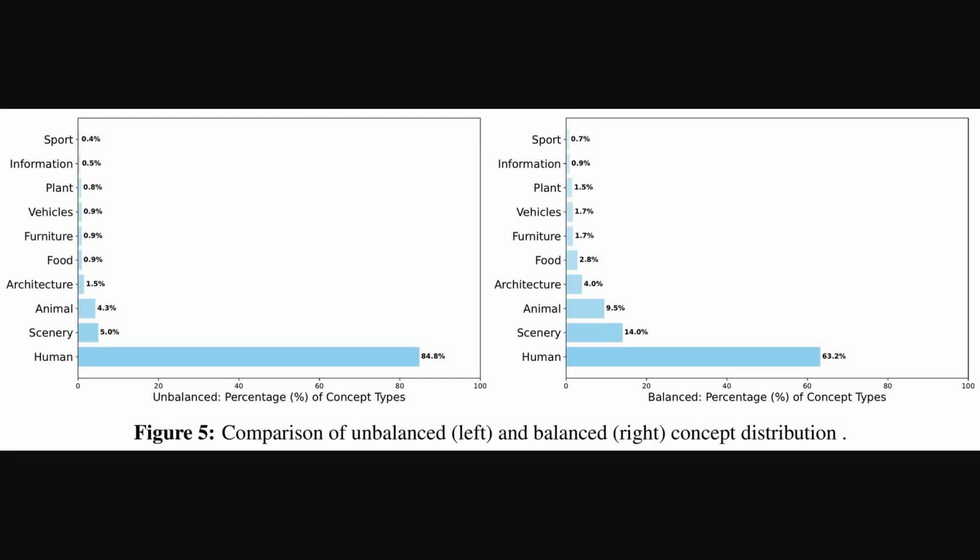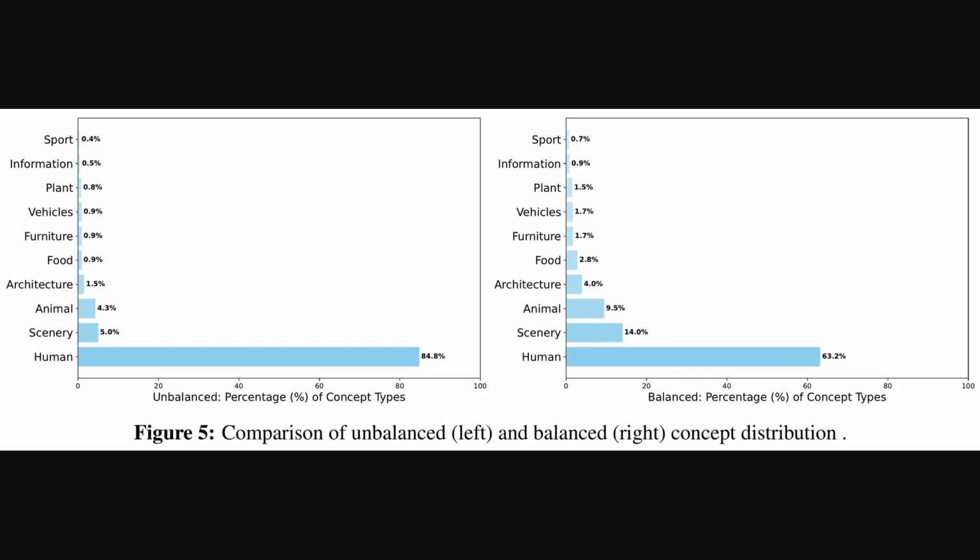Okay, so after all that data processing and filtering we saw in figure 3, figure 5 here shows us something really important about the data itself, its balance. We're looking at 2 bar charts. The one on the left shows an unbalanced data set, where human subjects make up a whopping 84.8%. But on the right, in the balanced data set, while human is still the largest at 63.2%, you can see a much better distribution.